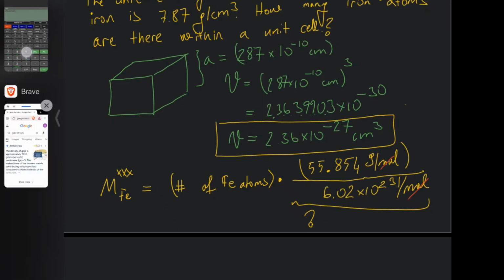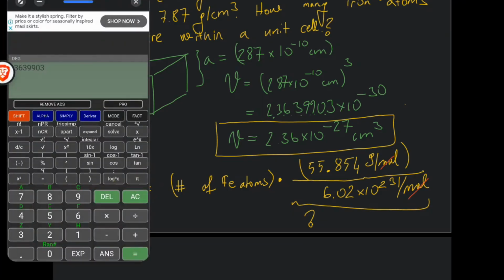And we can calculate, hopefully, and this number is equal to 9.27 times 10 to the minus 23.